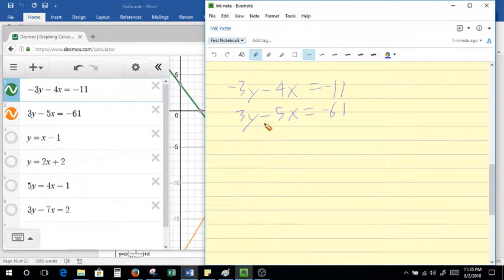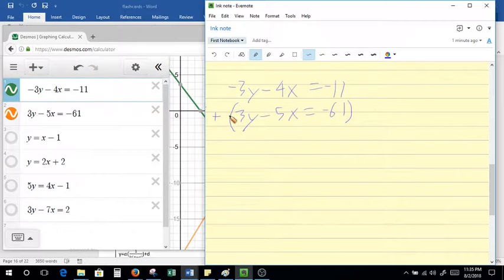There's going to be some obvious ones, this one included, where you wouldn't do substitution. It's too simple to add down the line because we have the same integer in front. Generally speaking, that is the rule. If you can create the same integer in front of one of the variables really easily, go ahead and do elimination. Otherwise, substitution is probably your best bet.